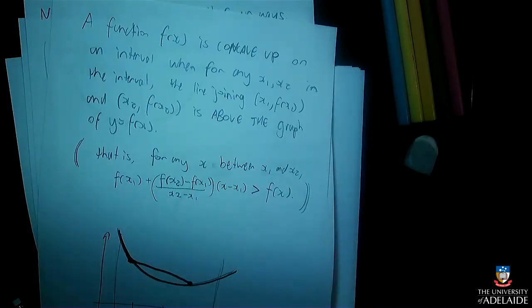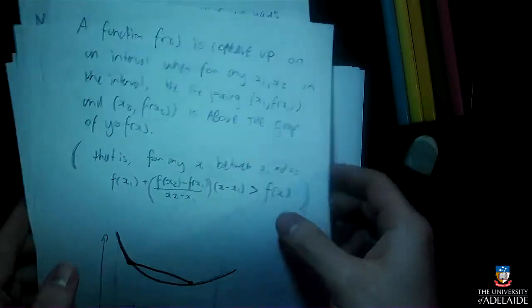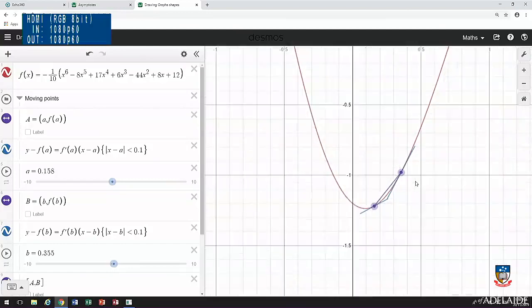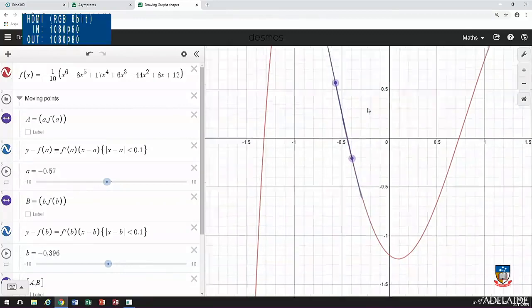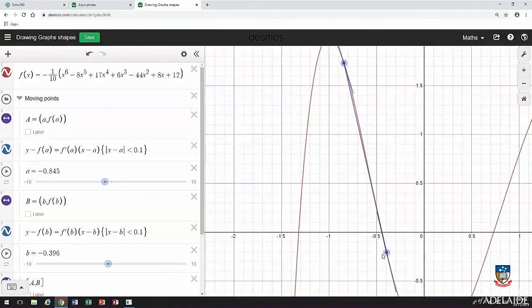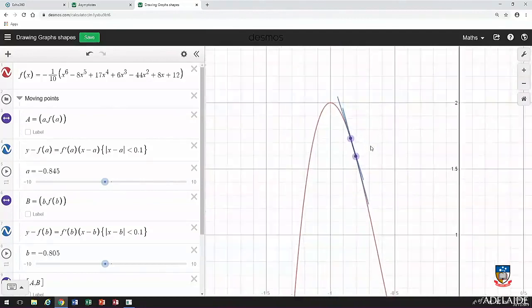So even though concave up and concave down looks like it's about lines being above, we can pitch it to be about differences in slopes. Because of the way the picture works, the slope on one end has to be lower than the slope on the other end if it's concave up, and the reverse if it's concave down. Let me just put it closer to the turning point so it's easier to see what's going on here.